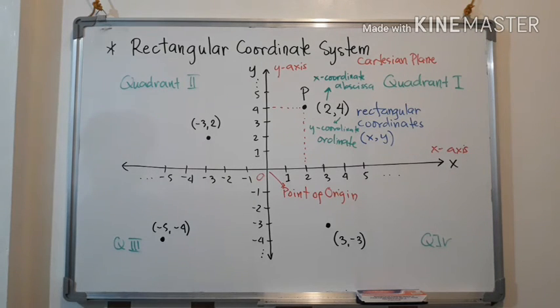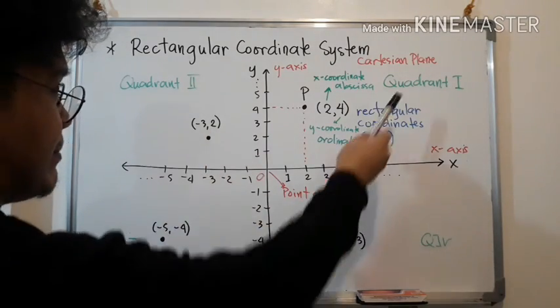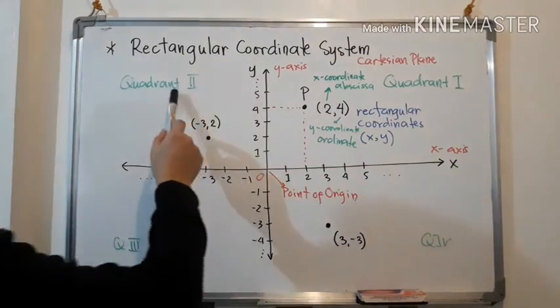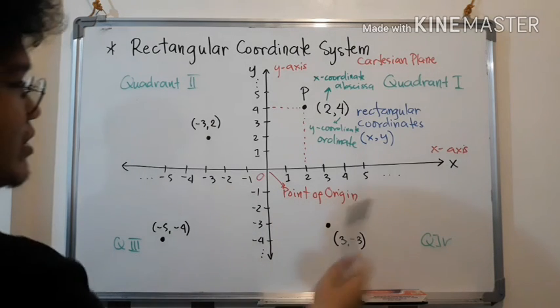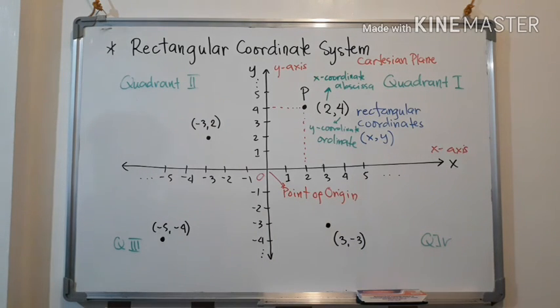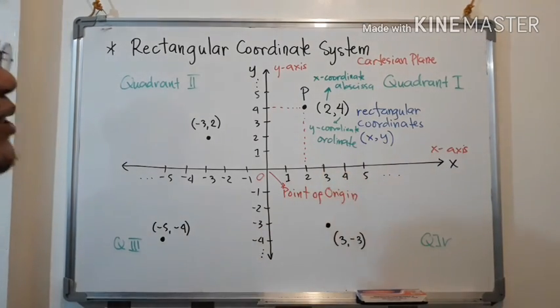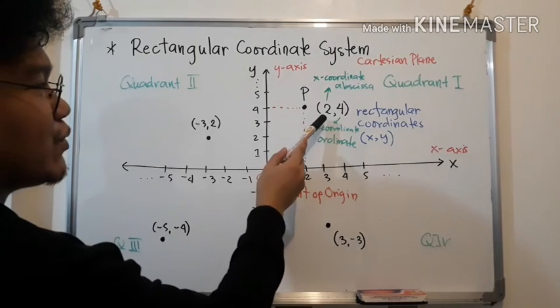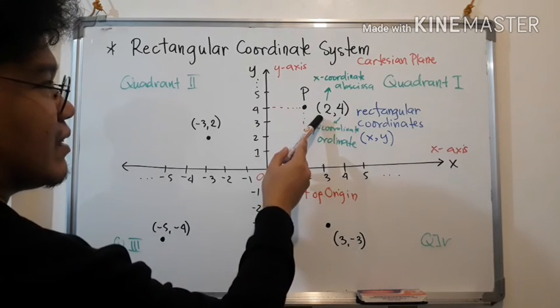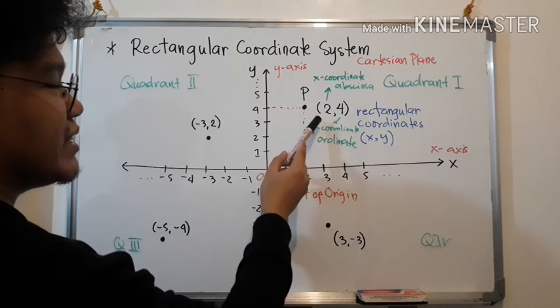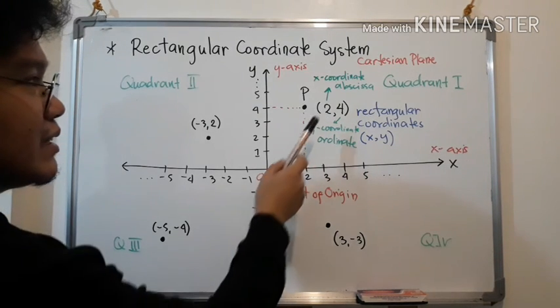Now, let's compare the quadrants. What is the purpose of having quadrant 1, quadrant 2, quadrant 3, and quadrant 4? Each quadrant has different signs of our coordinates, or our rectangular coordinates. For example, in quadrant 1, our point (2, 4), the coordinates are both positive.